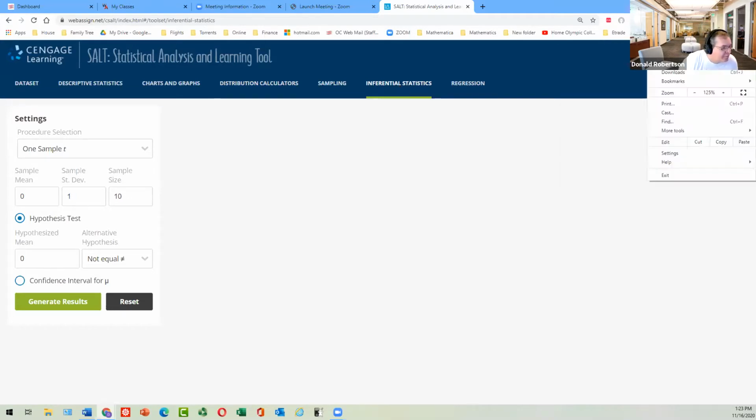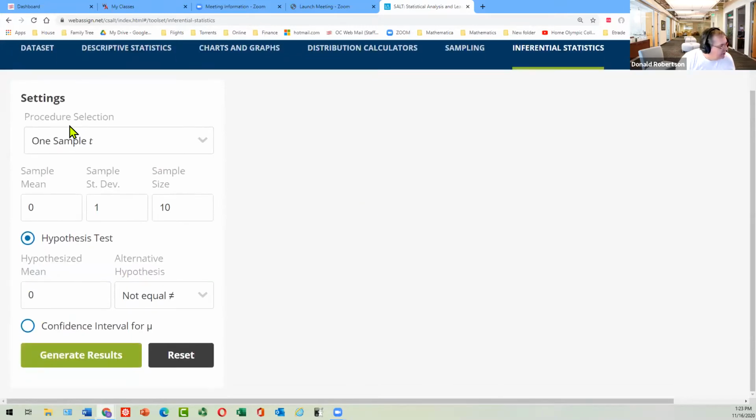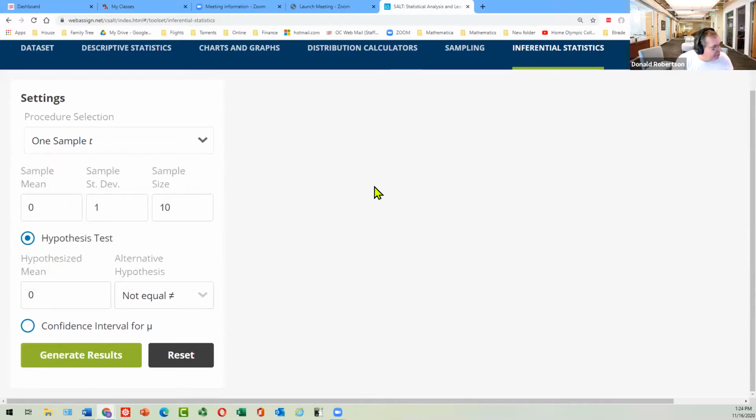I might make this a little bit bigger because I'm not quite sure how good your monitors are. Right, can you see it? Inferential statistics. Now, one sample T. If I click on that, there's lots of other choices, but one sample T is exactly what I want. Now, in various boxes, all the stuff that I have on this piece of paper is going to appear. Right, the sample mean was 5.6 pounds in my story.